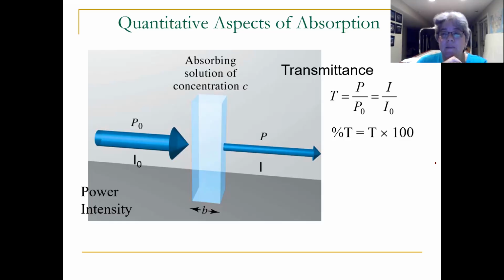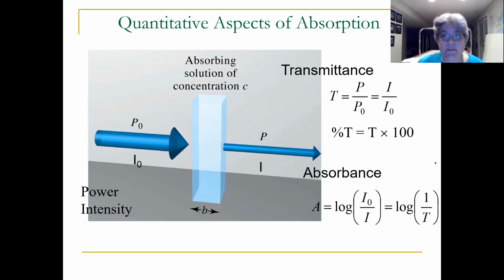Another way to think about this is, instead of how much light goes through, how much light is absorbed, how much is taken in by the sample. Absorbance is related to transmittance.